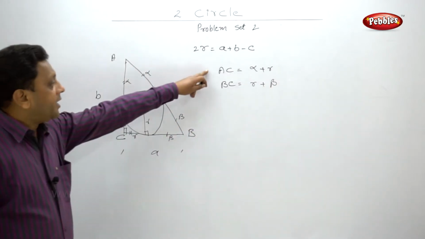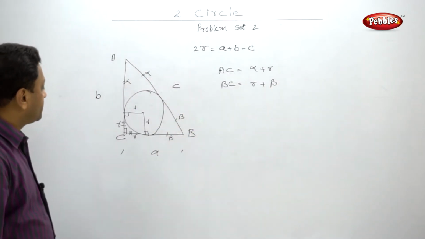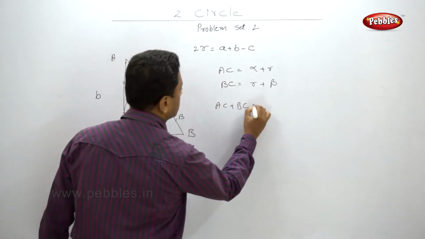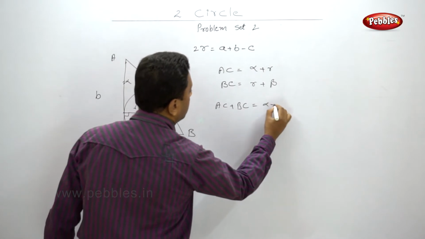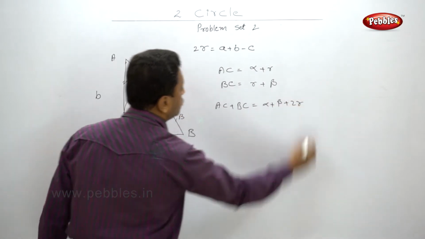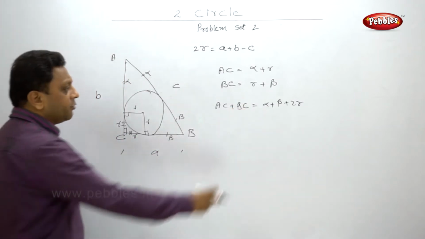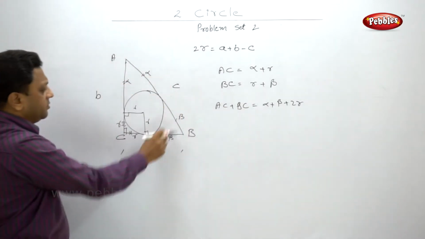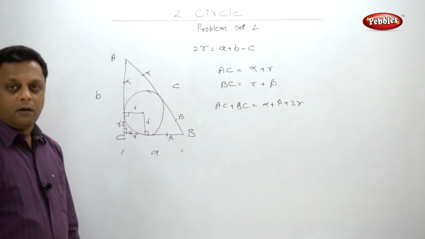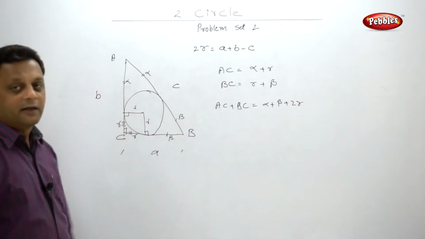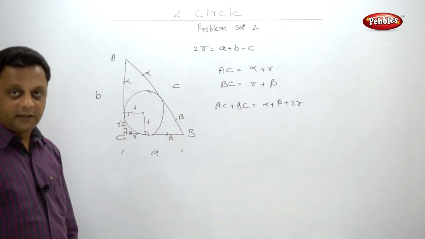So if I add AC plus BC, I will get alpha plus beta plus 2R. These are the names I have given to these segments, alpha and beta. If you want, you can mark these points and write the names of the segments also. No harm in that.